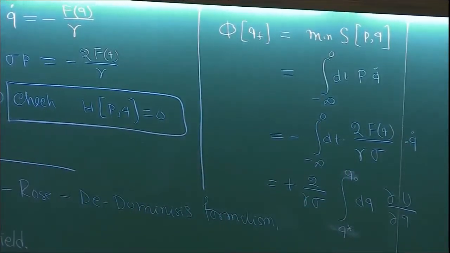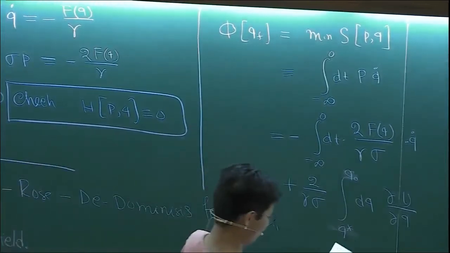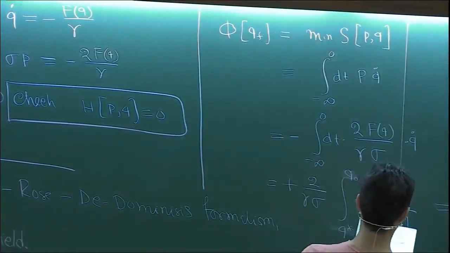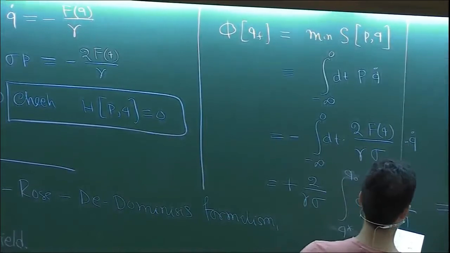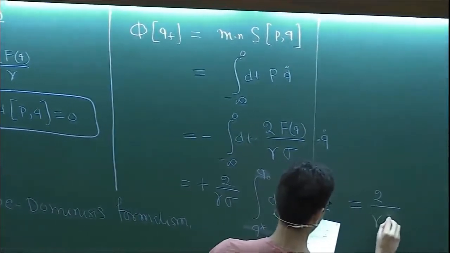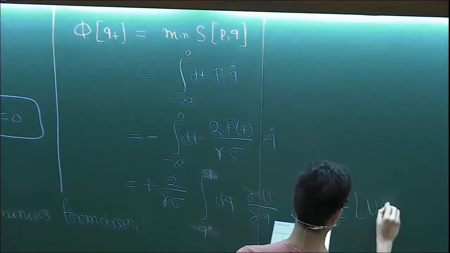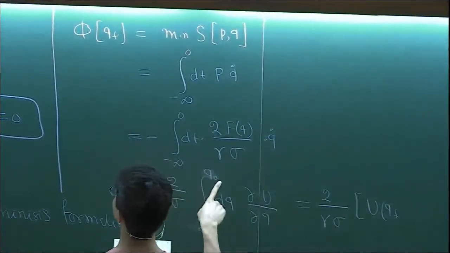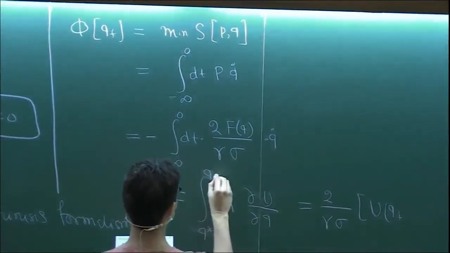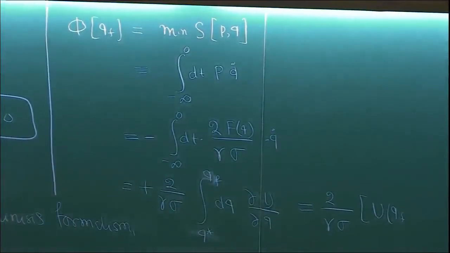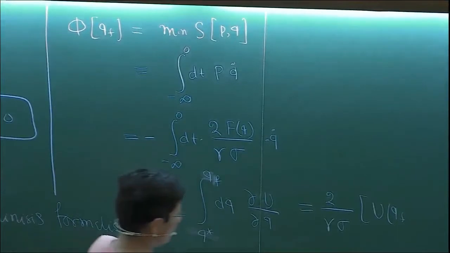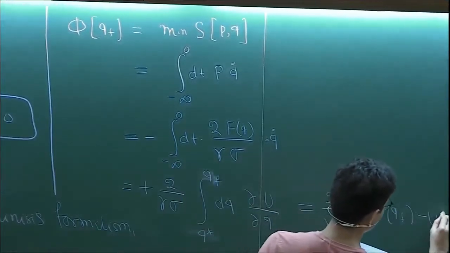Now we are almost there. So the result that you'll finally get is twice by gamma sigma times u of qf. Sorry, it's not q0, it's qf. I'm going to be at the final point. So u of qf minus u of q star.